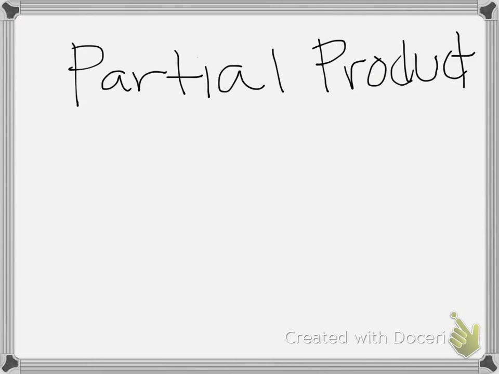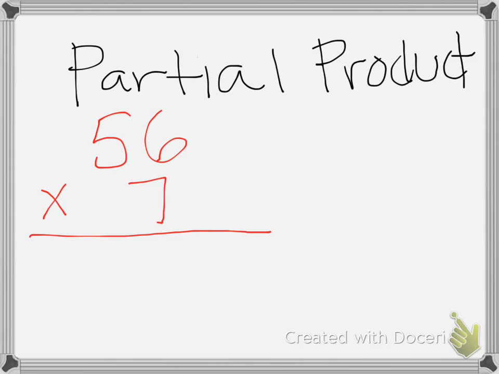The next method we know is partial product. Again, if I have 56 times 7. First, I need to write the partial products.